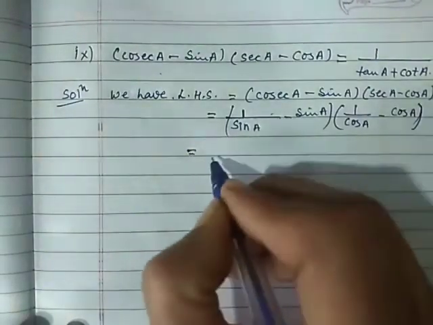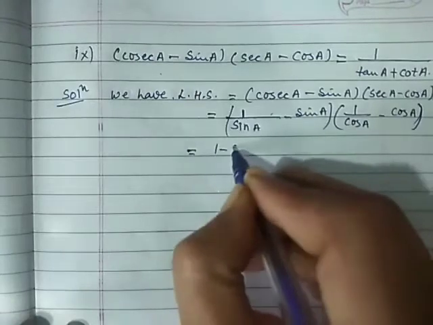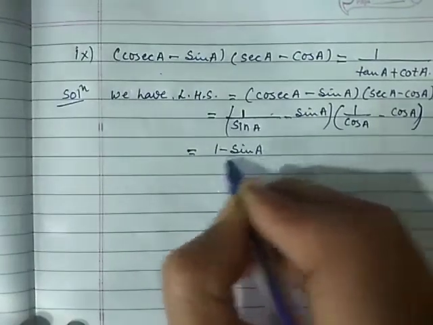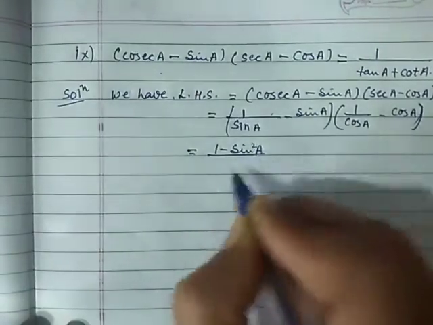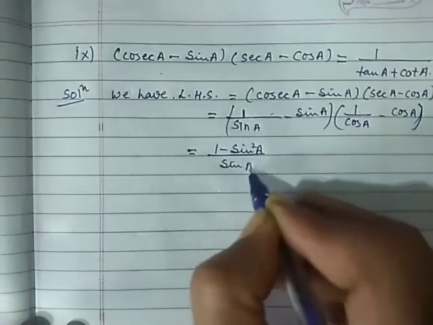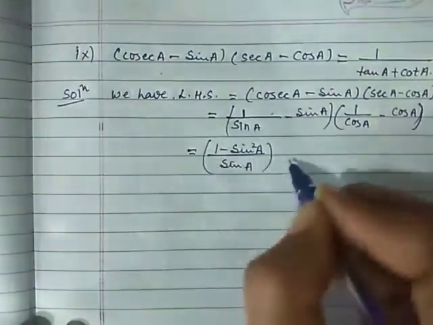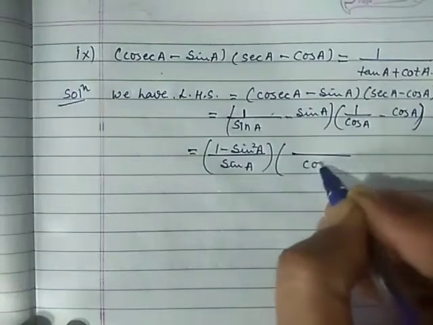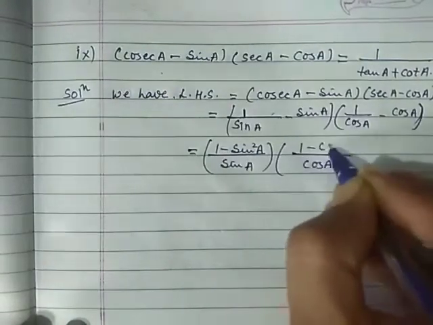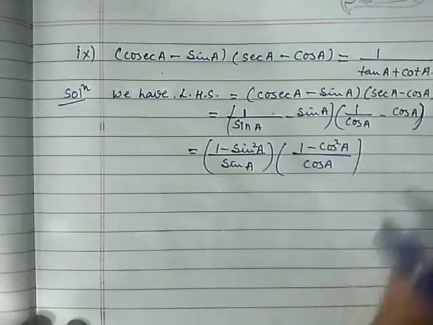So here we'll take LCM: (1 minus sin square A) upon sin A, and (1 minus cos square A) upon cos A.